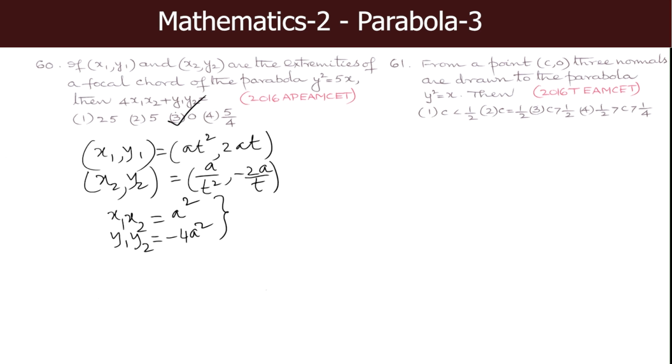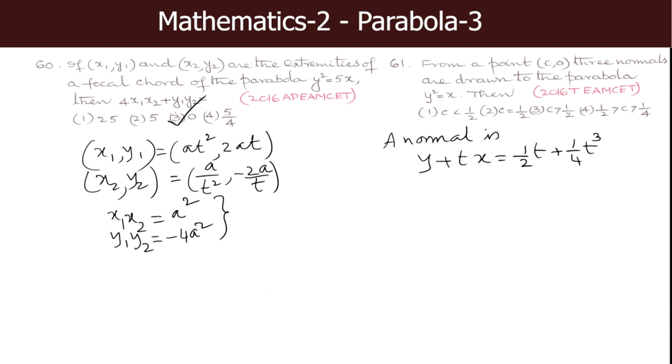61. From a point (C, 0), 3 normals are drawn to the parabola y square equal to x. Then what can be said about the value of C? A normal to the parabola is y plus tx equal to half t plus 1/4 t cube.